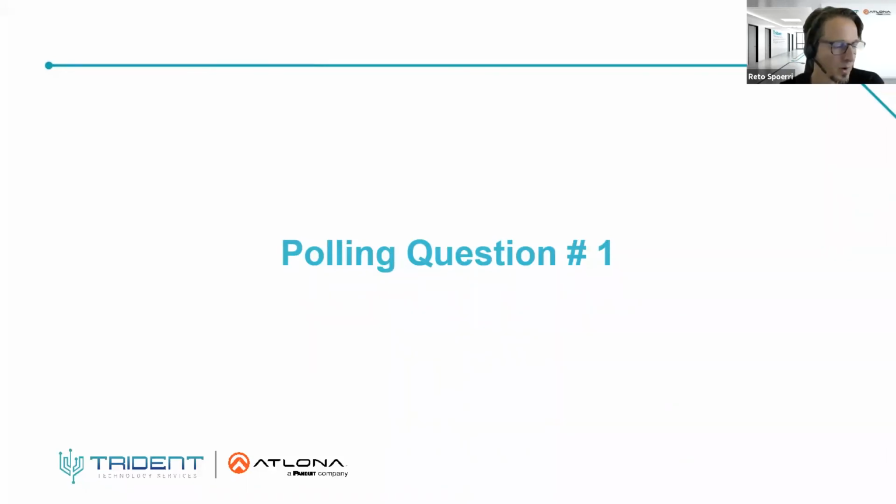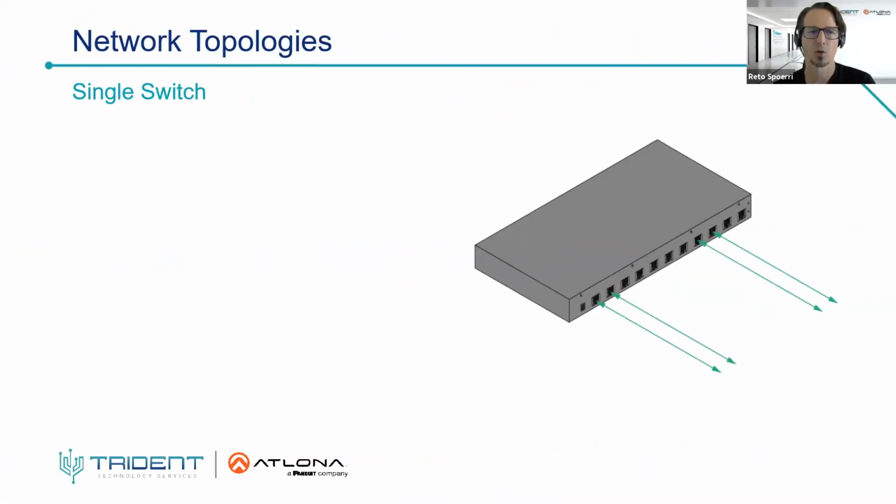When we talk about network topologies, we have to start very small and then go into more complex configurations. The smallest network topology, of course, is a single switch. Like I said before, that can be one physical device, but it can also be a couple of physical devices that are stacked.